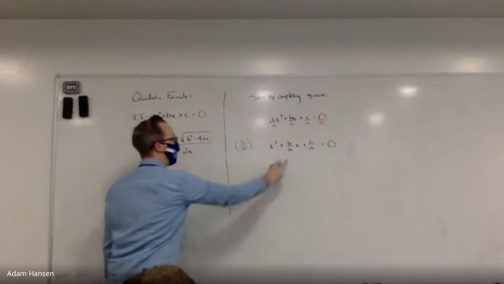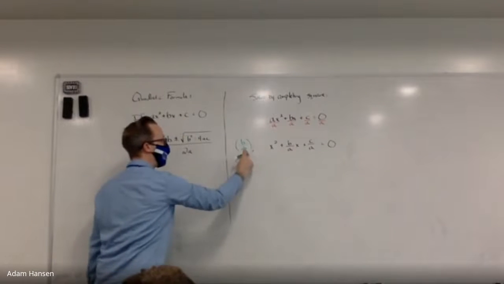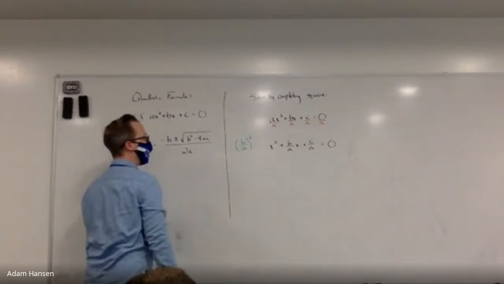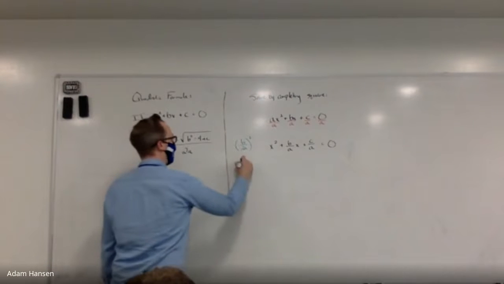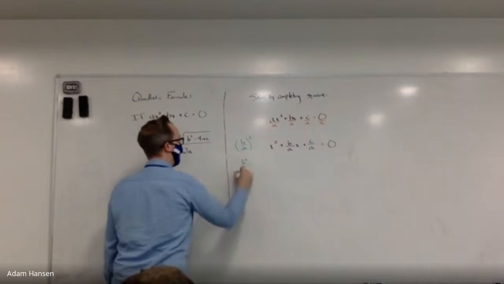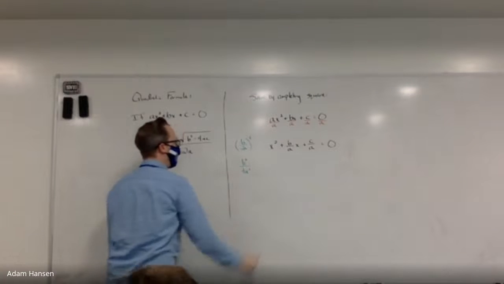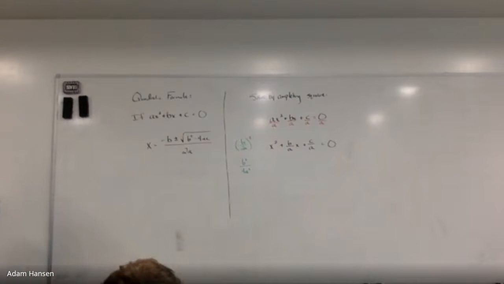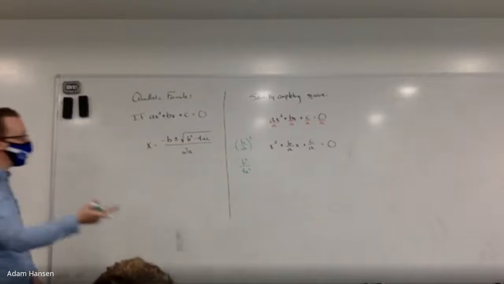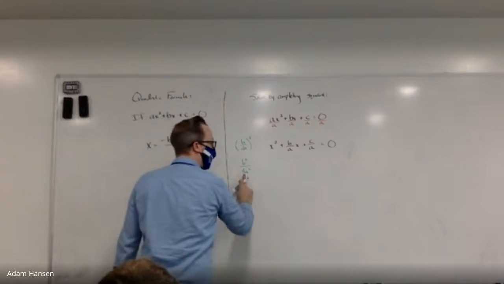I take half of the middle number, which is b over 2a, and square it. To square b over 2a, I square the top and the bottom. 2a times 2a. What's 2a times another 2a? 2 times 2 is 4. A times a is a squared. So that's probably why there's a 4 right here. 4a squared.